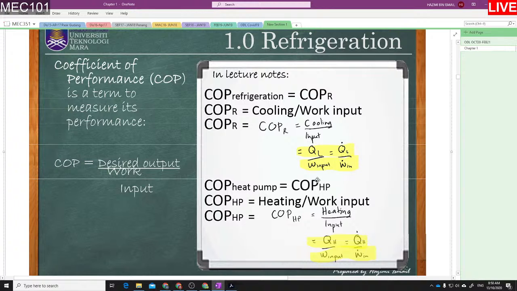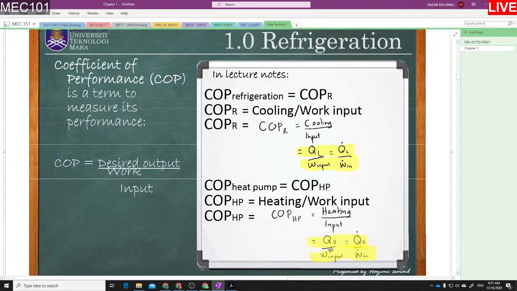Okay, but it is quite different for the heat pump, because the objective of the heat pump is to transfer heat from the high temperature region. For the COP of the heat pump, QH comes from your house to the surrounding, which is outside of your house.